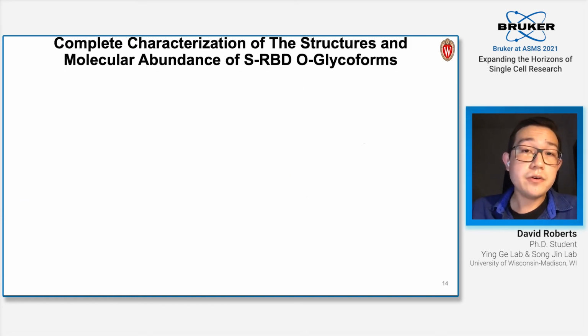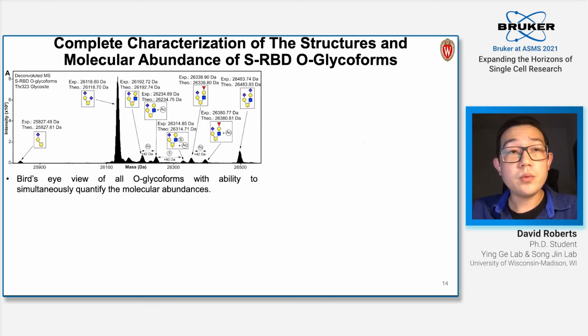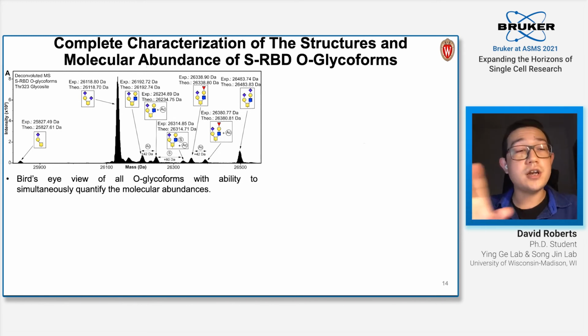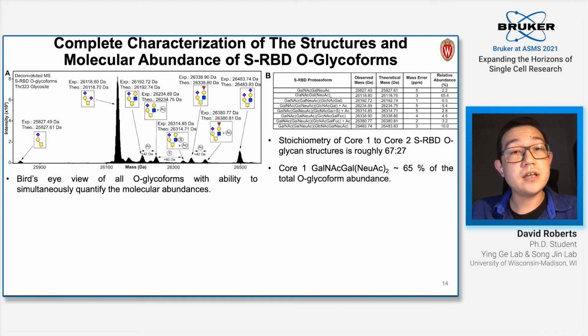So altogether, we found that using this hybrid top-down approach, we were able to, in fact, completely structurally elucidate the S-RBD O-glycoform heterogeneity and provide this bird's eye view for each and every one of the O-glycoforms, with the simultaneous ability to characterize the molecular abundances.